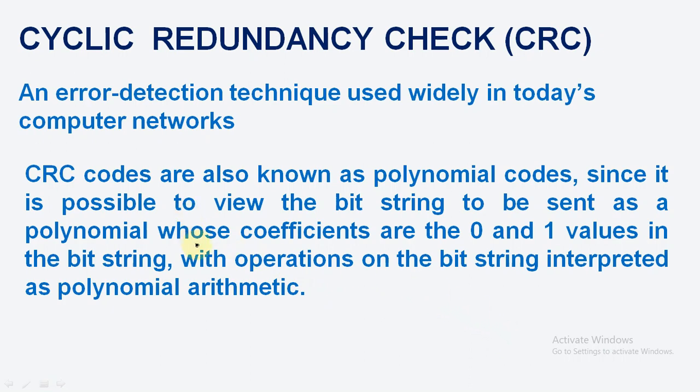That means the data which is in the form of ones and zeros can be converted into a polynomial, and the procedure involves selection of a standard polynomial, and the data in the form of a polynomial will be divided by the generally agreed divisor, that is also called the generator polynomial, and the quotient is generated and the remainder is generated.